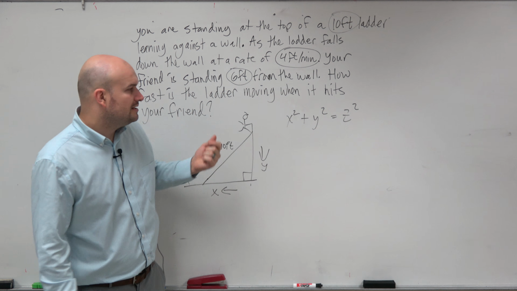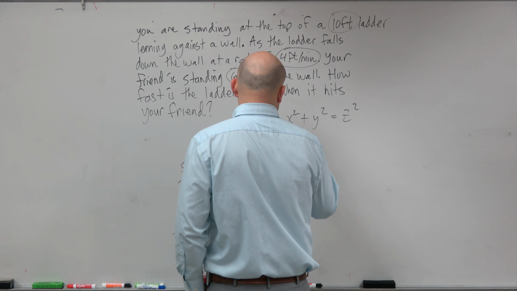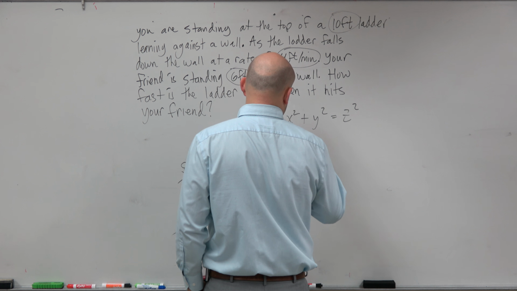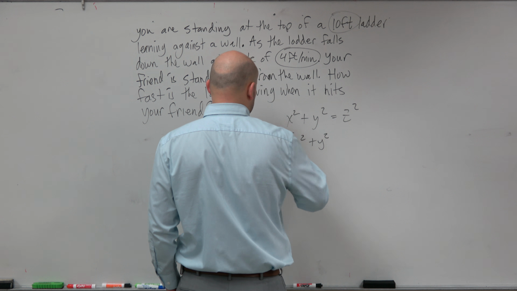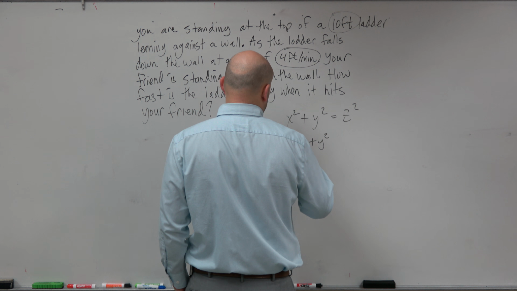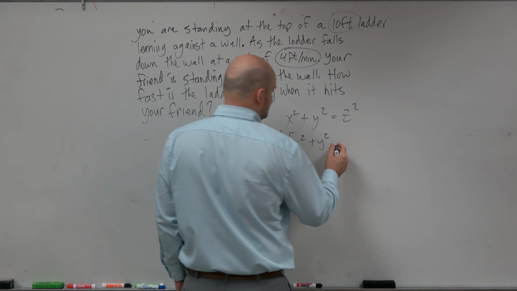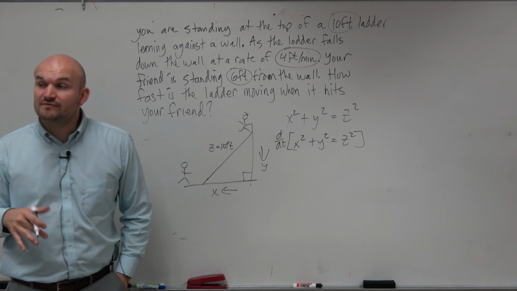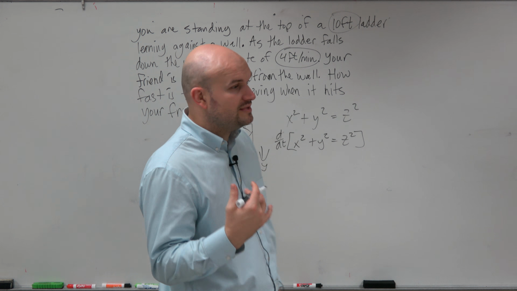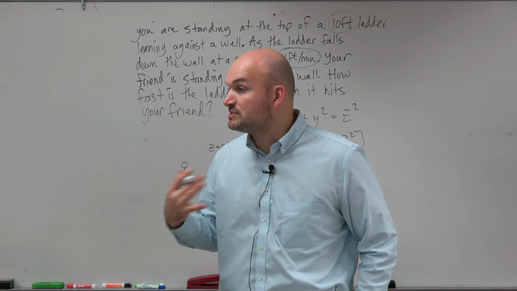We create that. Now let's find d over dt of our relationship. Now what we want to do is find the derivative of our relationship with respect to time.